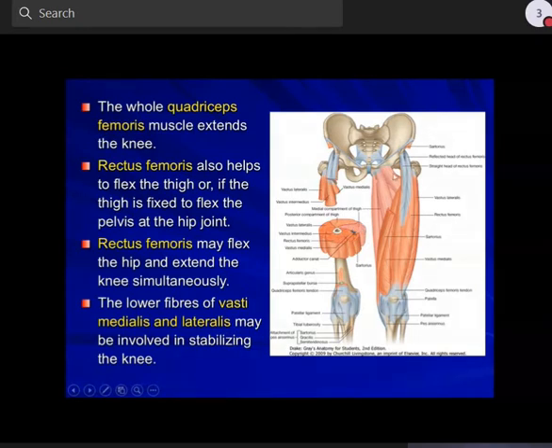So here we can see only the superficial layer of adductors consisting of pectineus, adductor longus, and gracilis. The gracilis, of course, flexes the knee joint because the only extensor of the knee is the quadriceps femoris, all remaining muscles flex.